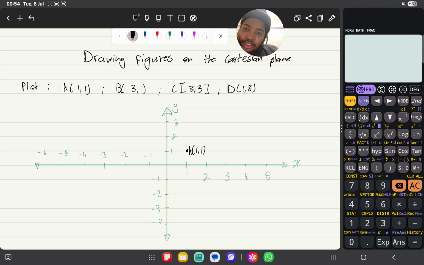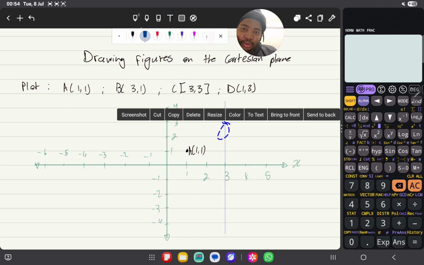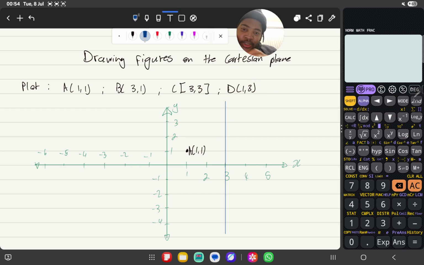Let's talk about point B. For point B, x is 3, so you know you will be somewhere along this line where x equals 3. How much is y? y is 1, so it will be right here.